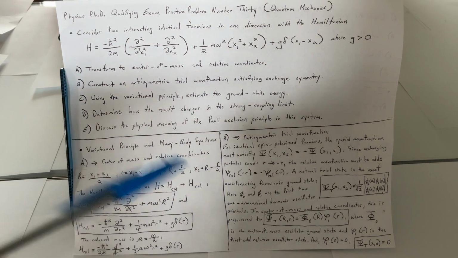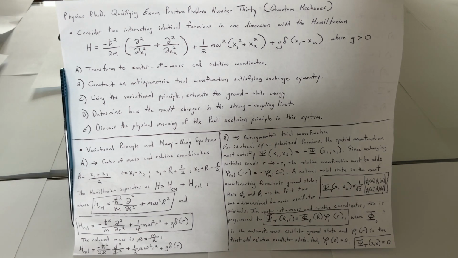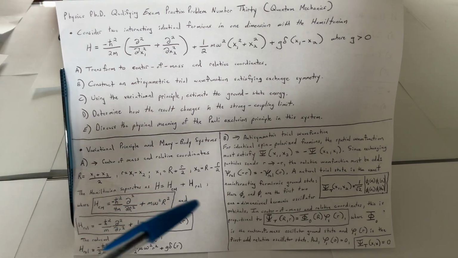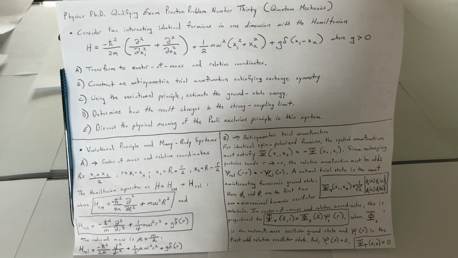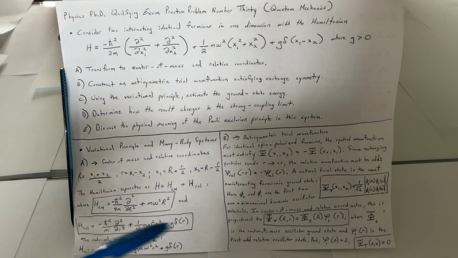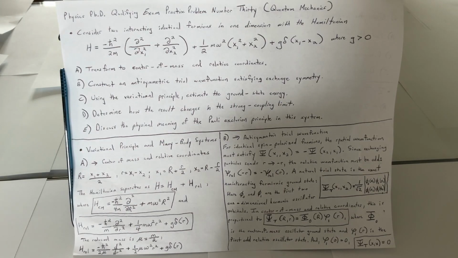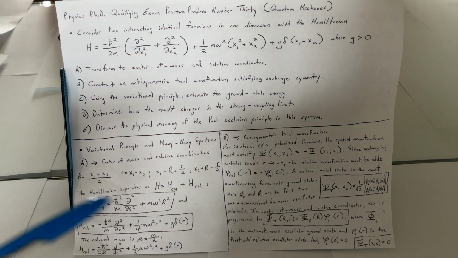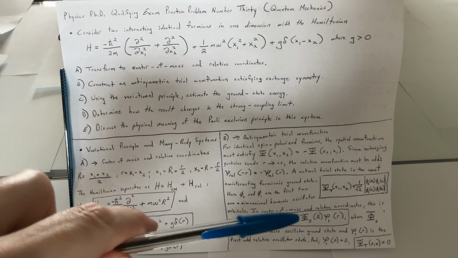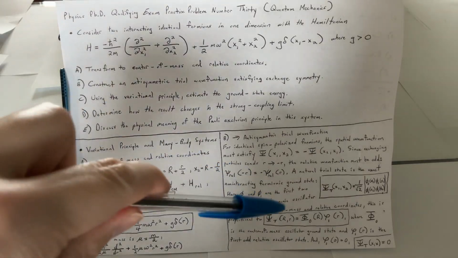So here phi sub 0 and phi sub 1 are the first two one-dimensional harmonic oscillator orbitals in the center of mass and relative coordinates. This is proportional to the following. Okay, so we have that capital psi sub t of capital R, lowercase r is equal to the following.